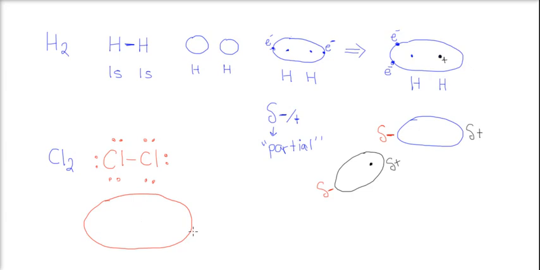So the same effect occurs with chlorine as with hydrogen. The electrons are constantly whizzing around, and this causes partial negative and partial positive charges. The main difference is that with molecules that are much larger, like chlorine compared to hydrogen, the amount of partial negative and partial positive charge is much larger.